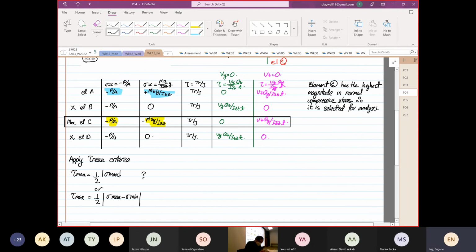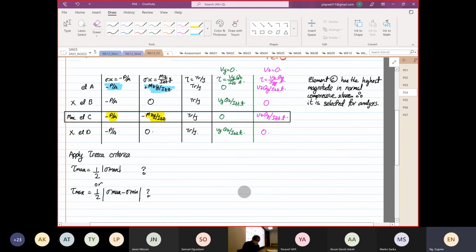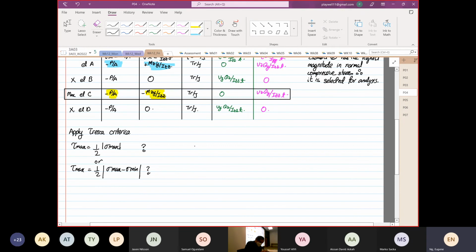So which one are you going to use, the first form or the second form? The only way to find out which formula to use is to sketch the 3D Mohr's circle. You don't need to draw it, you need to sketch.